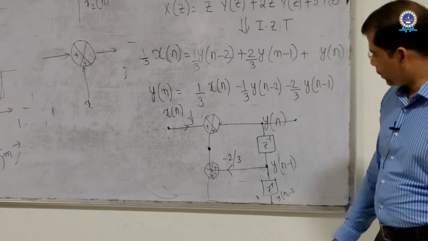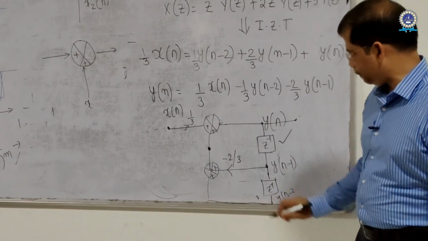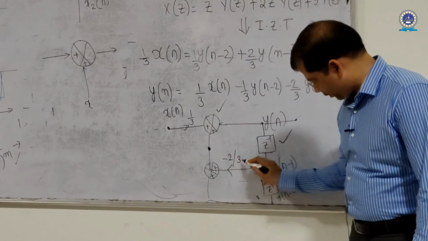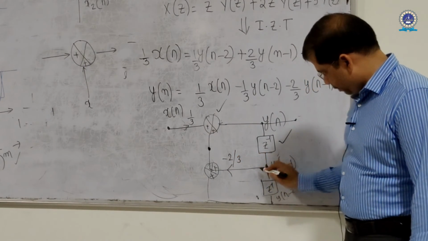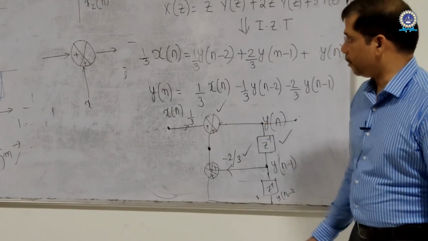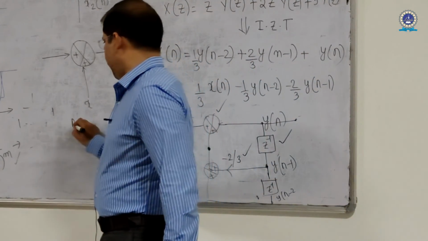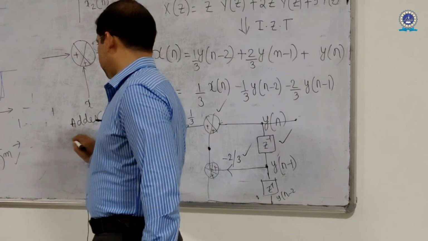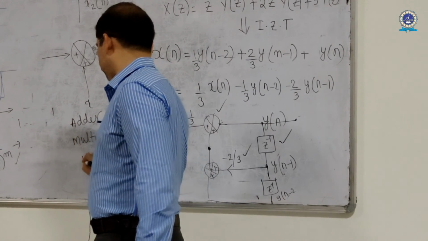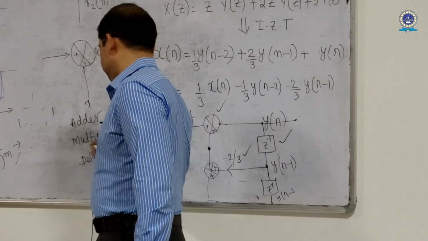So what are the elements that you have used? One delay element, one adder, and one multiplier also is there, because y of n minus 1 you are multiplying with minus 2 by 3. So you require one multiplier. Therefore, one adder, one multiplier and one delay.